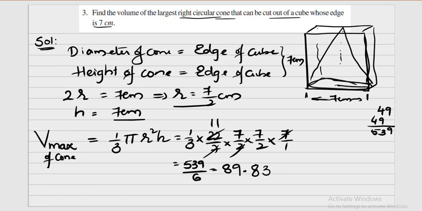If you want, you can continue like this, but we need to stop here. So the maximum volume of the cone is 89.83 centimeter cube.